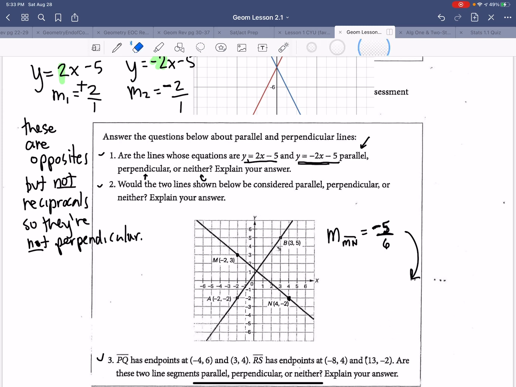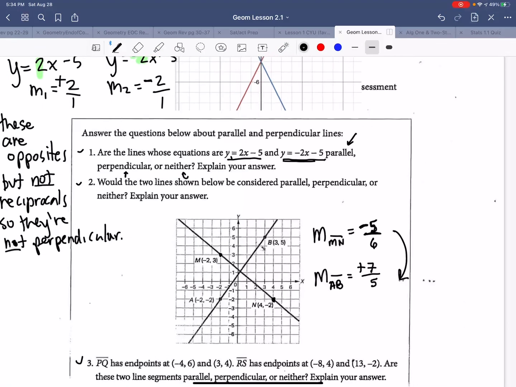So let's take a look at what the slope is. The slope here, AB, is up 1, 2, 3, 4, 5, 6, 7 over 1, 2, 3, 4, 5. Oh, no. So the slope of AB is positive 7 over 5.